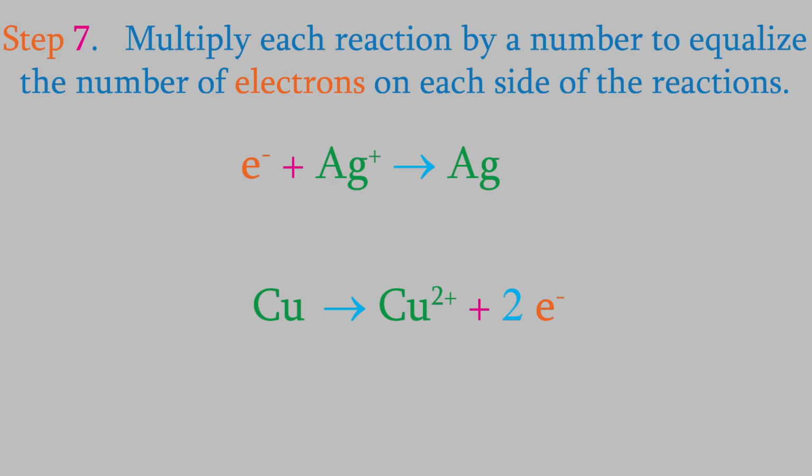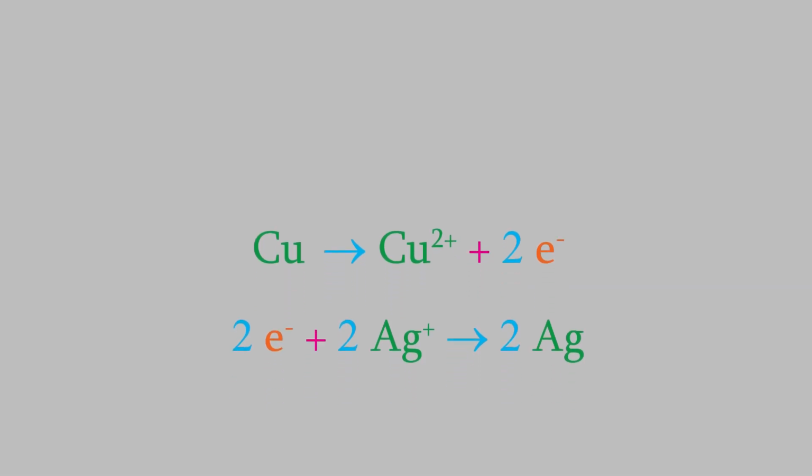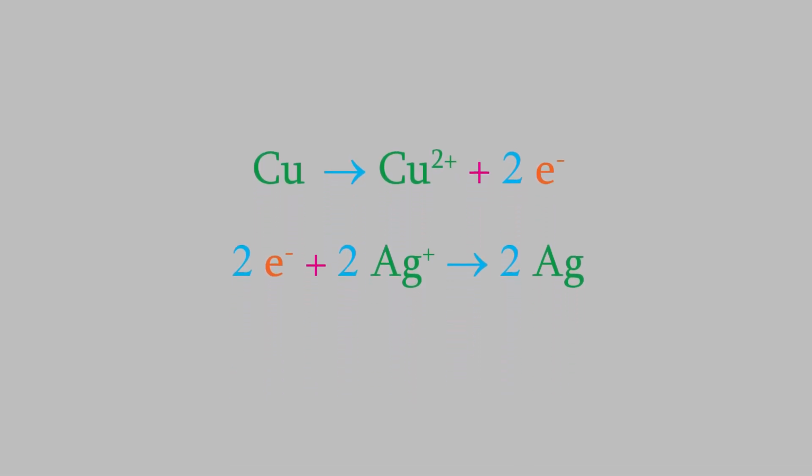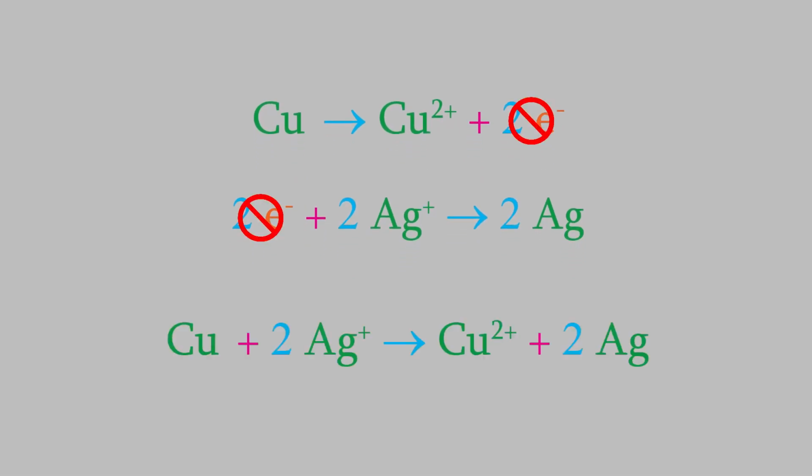We need the electrons in the two half reactions to cancel out. Since there's 1 electron in the reduction and 2 in the oxidation, we'll multiply the first reaction by 2, which gives us this. Now we just add the two half reactions together to get the overall reaction, which gives us this as a result. That's it for balancing the reaction, but let's look at this one a little more deeply.